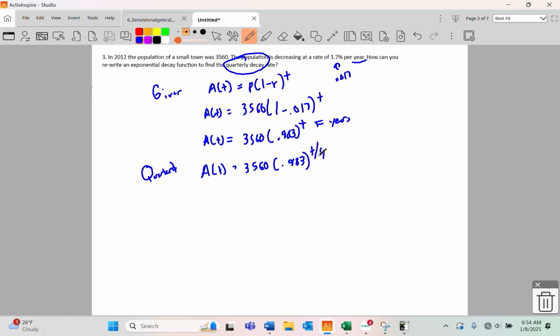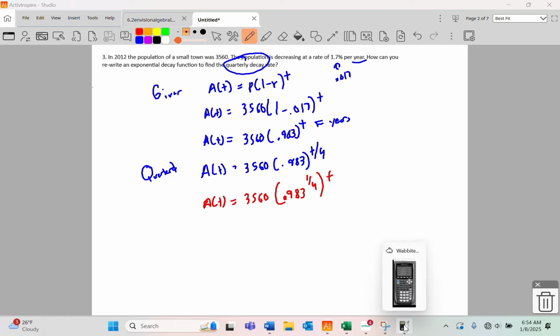That's all I have to do. And now I can feed this equation quarters. And I can move that 1/4 piece to the interior, and I will have a quarterly model.